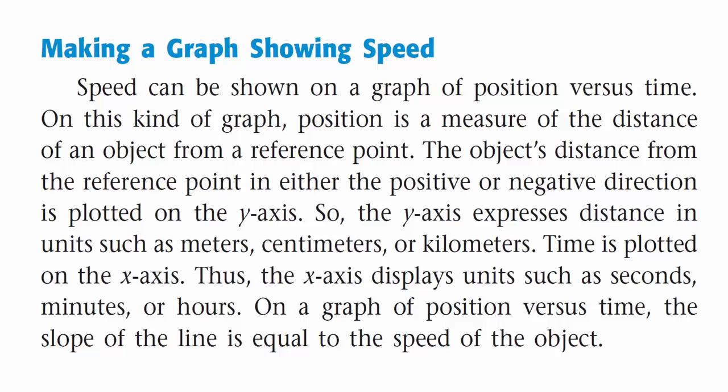So, the y-axis expresses distance in units such as meters, centimeters, or kilometers. Time is plotted on the x-axis. Thus, the x-axis displays units such as seconds, minutes, or hours. On a graph of position versus time, the slope of the line is equal to the speed of the object.